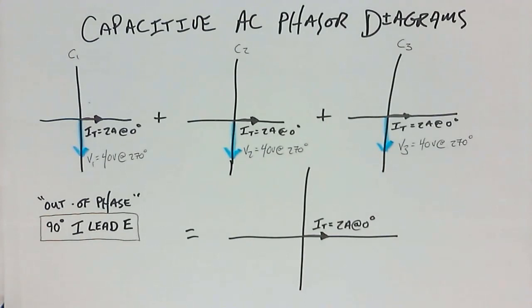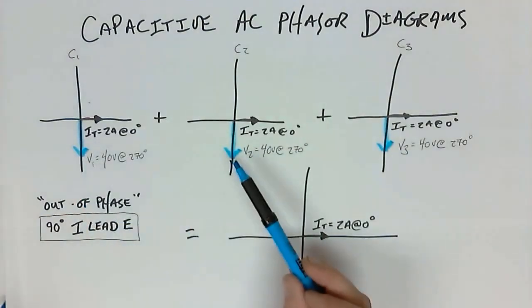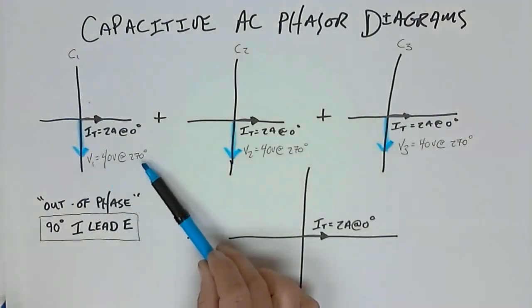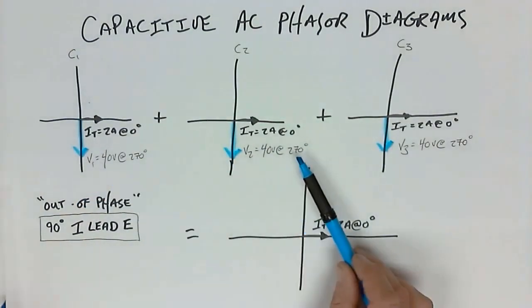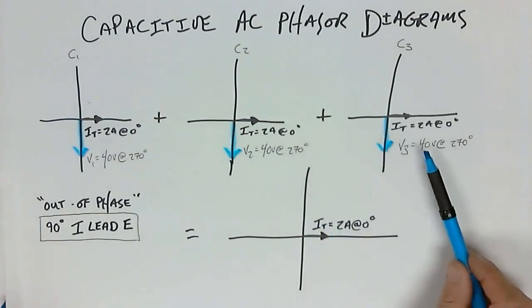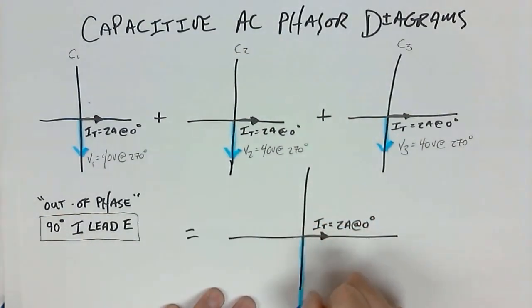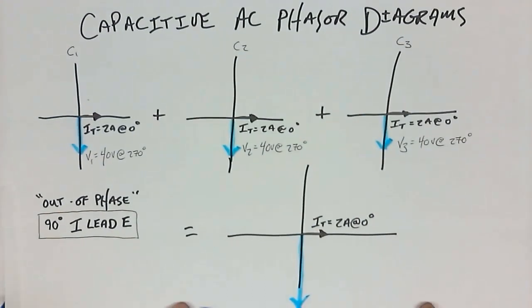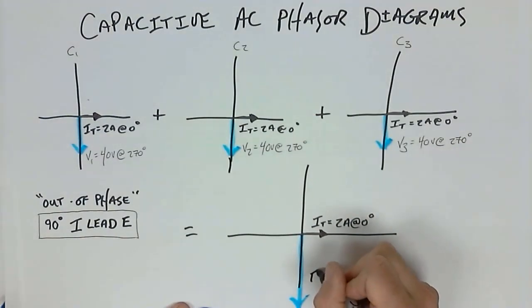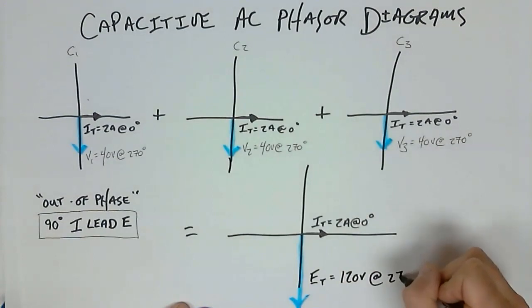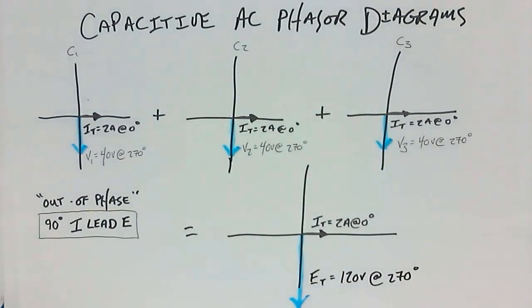And so when we do this, remember, HV table or mode 3, and all you're doing is adding 40 volts at 270 plus 40 volts at 270 plus 40 volts at 270, we end up with 120 volts. And that 120 volts is the source voltage, and it is, of course, at the same degrees. So E total is 120 volts at 270 degrees.